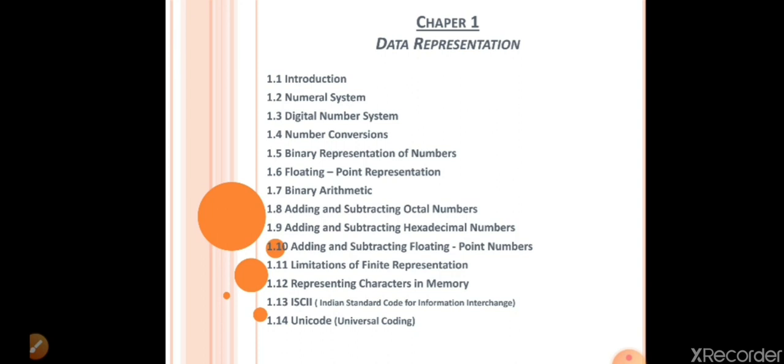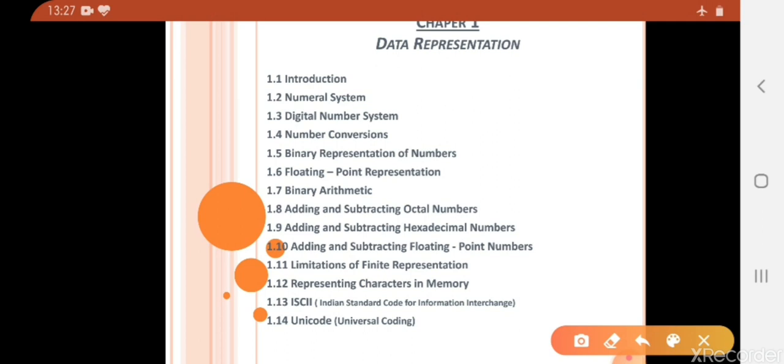In data representation, which is your chapter number 1, we have to study introduction of data representation, then numeral system, then digital number system, then number conversion, then binary representation of numbers, afterwards floating point representation, then binary arithmetic, afterwards adding and subtracting octal numbers, adding and subtracting hexadecimal numbers, adding and subtracting floating point numbers, limitations of finite representations, representing characters in memory, ISCII, that is Indian Standard Code for Information Interchange, and the last one is Unicode, that means universal coding.